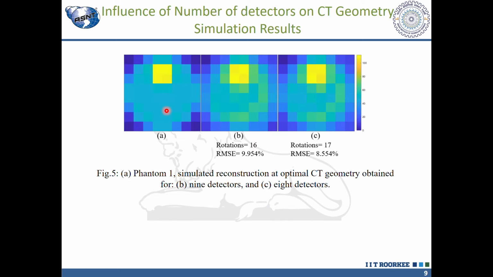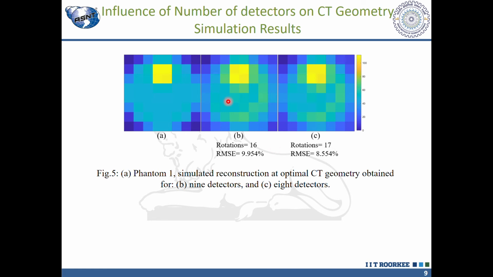Now we have taken 8 detectors, and we obtained the optimal geometry. When the detectors were 9, the optimal number of rotations was 16, and when we changed the detectors from 9 to 8, the optimal geometry remains the same, except the number of rotations changes from 16 to 17.